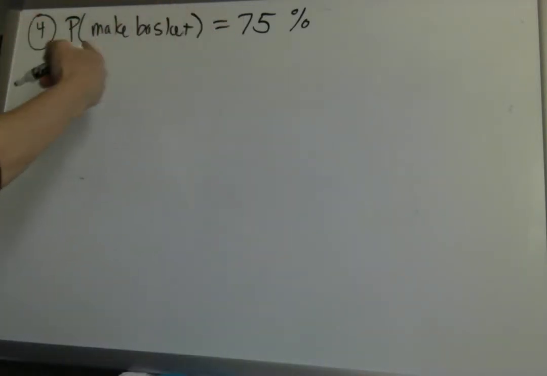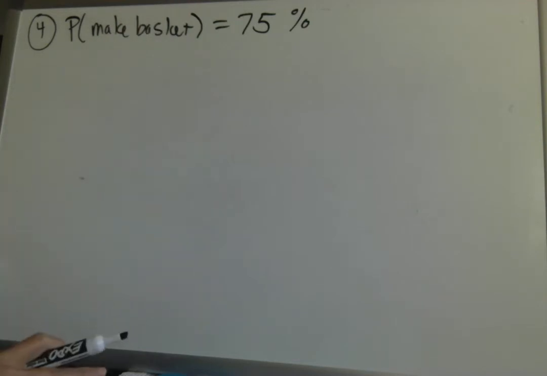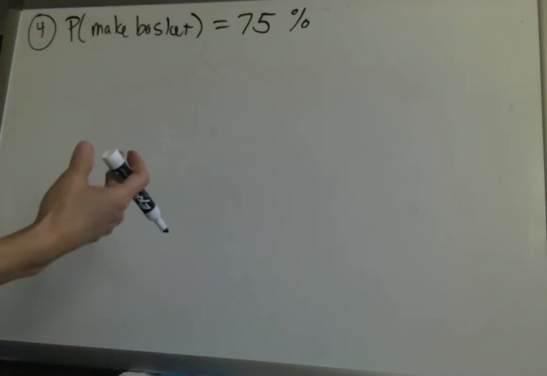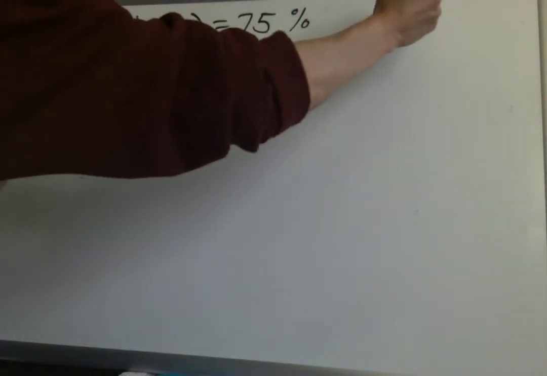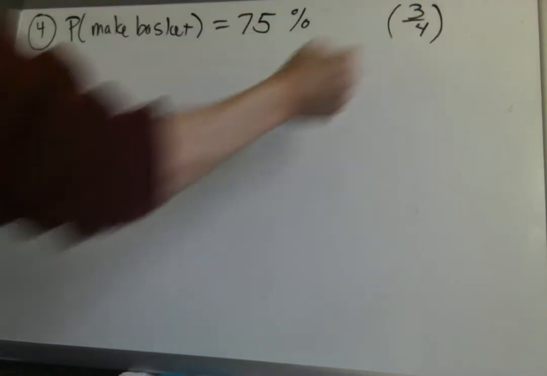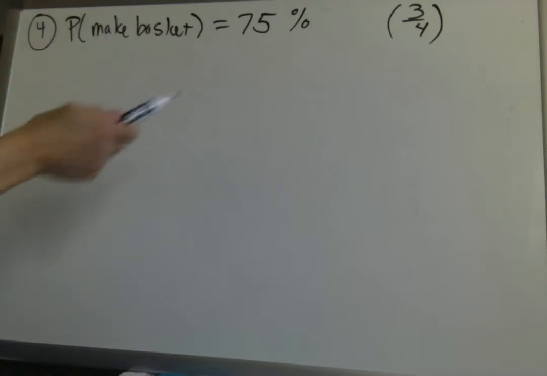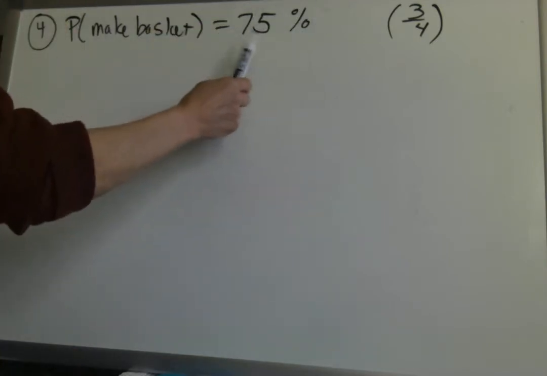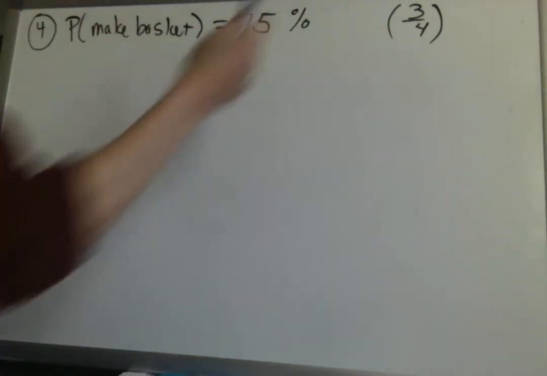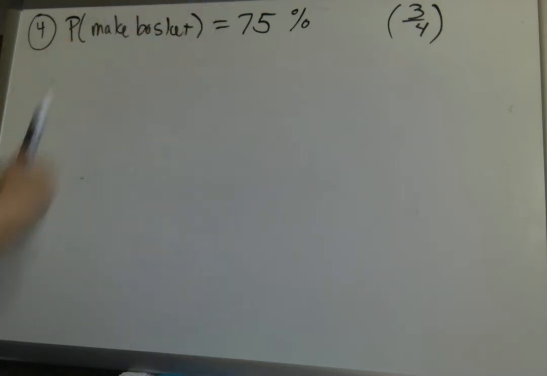So they're giving you the probability. Now this one is not in fraction form, right? It's in percent form. Hopefully everybody knows that you could so easily change that to fraction form. But what I want to present is, what if this wasn't such a nice fraction? How would you deal with this percent?